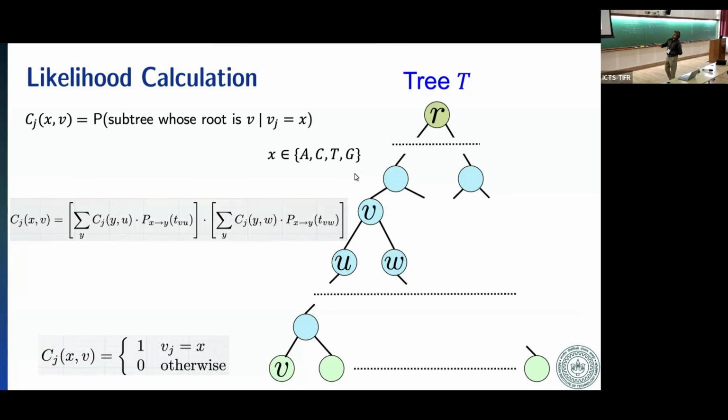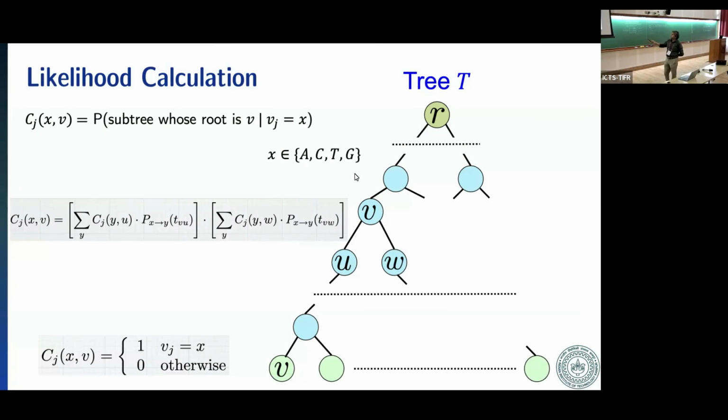So we are doing that over here, that this is the partial likelihood for the node u and this y. Y is basically any value within a, c, t and g, and that should be multiplied with a transition probability, that is the probability of x to y. There is this particular node for which we are saying the character is x, and this is the node for which we are saying the character is y.